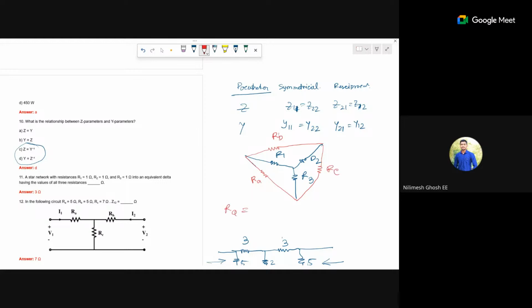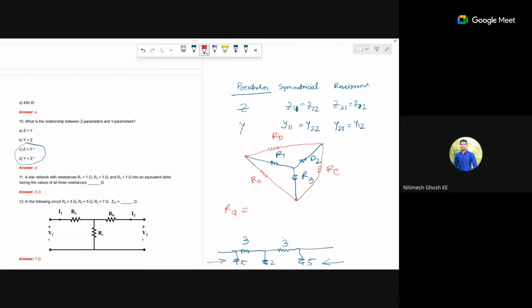I remember that R12 will be R1 R2 plus R2 R3 plus R3 R1 divided by R3, and similarly R23 and R31. So all three will be 1 ohm. Remembering these formulas is different for everyone. I remember it like this: between these two nodes I have to calculate the resistances.